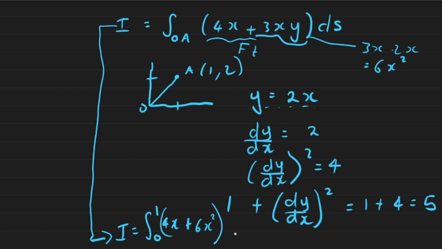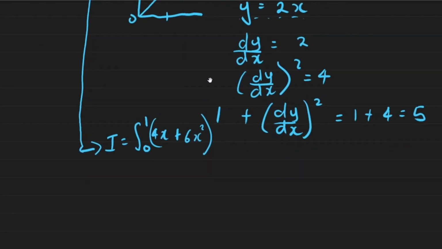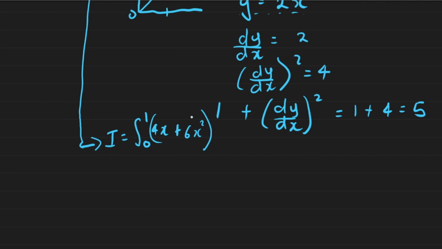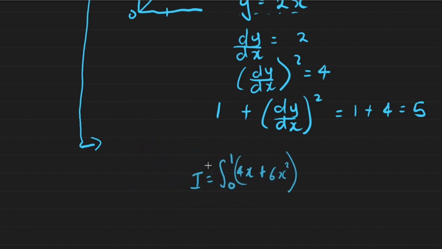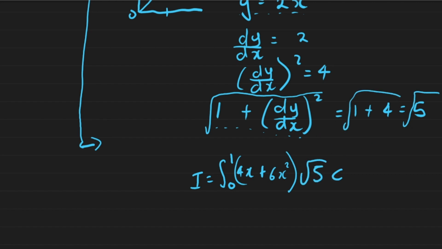We also cannot forget that we have to put in our ds, and our ds is equal to the square root of 1 plus (dy/dx) squared, which is the square root of 5, multiplied by dx.